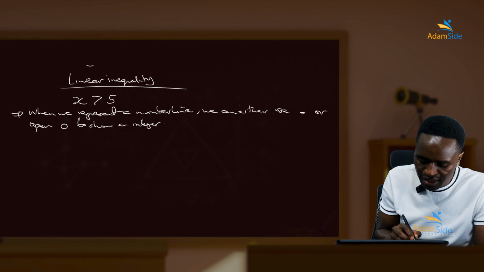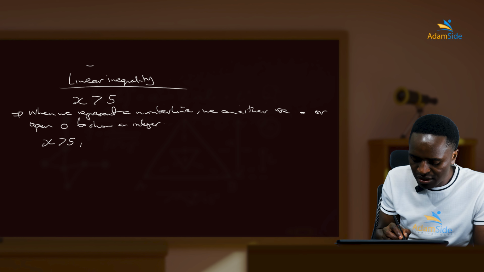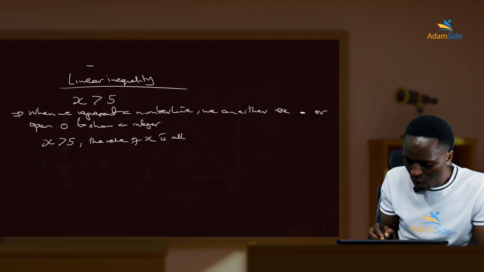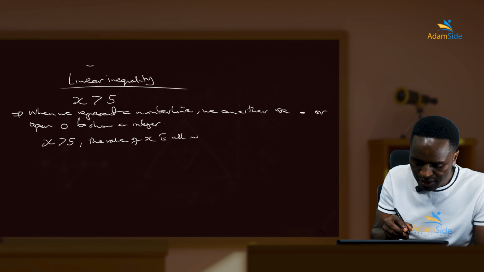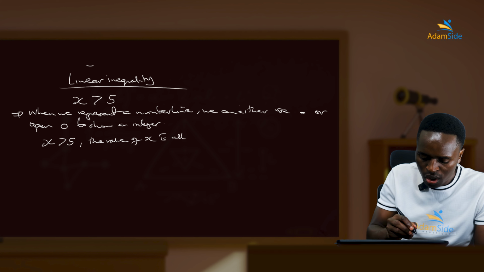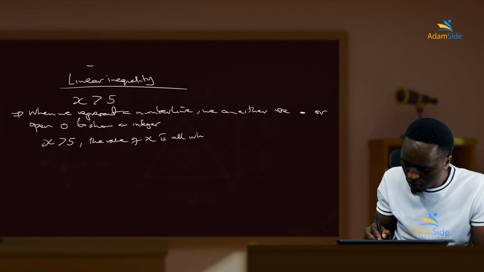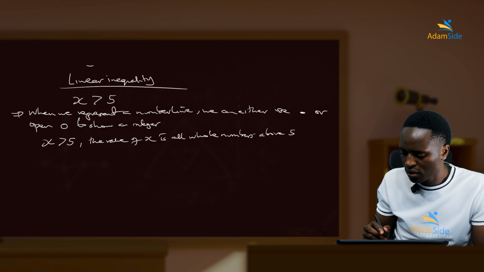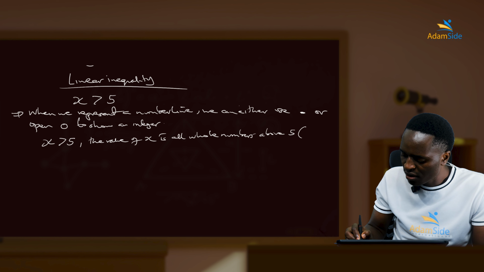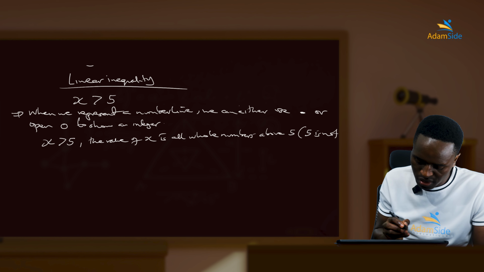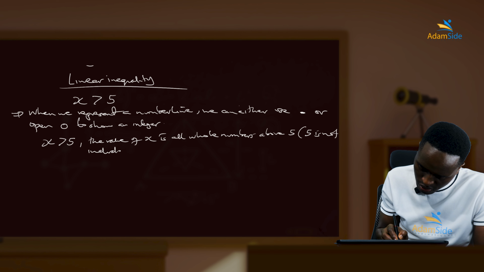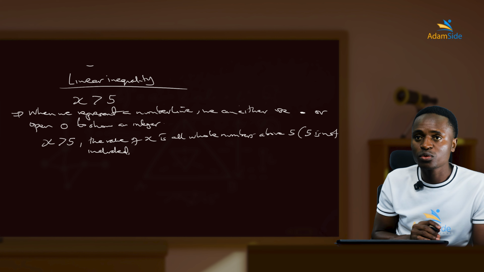If you see something like x is greater than 5, this means the value of x is all whole numbers above 5, which means 5 is not included. 5 is not part of your solution in this case.